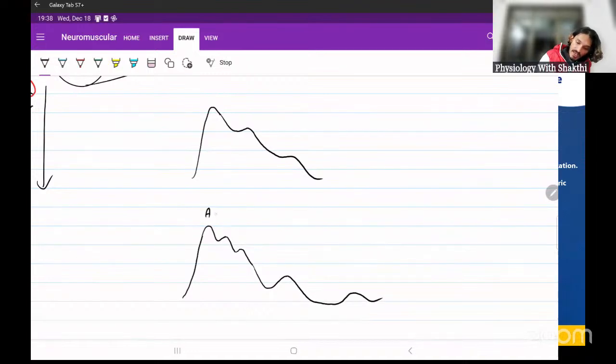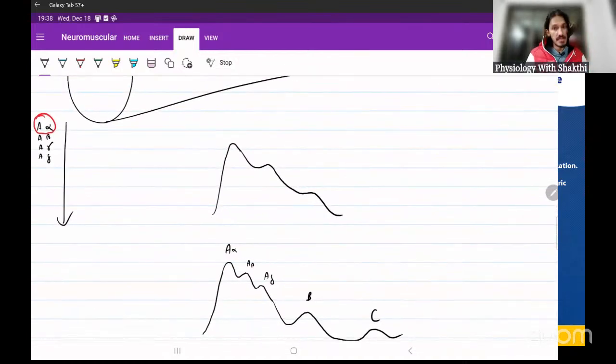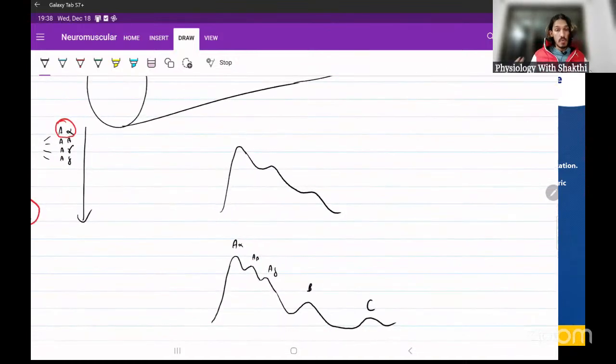So we see A alpha, A beta, A delta, B fiber, C fiber. As you increase the distance, the difference becomes more drastic because it's covering a long distance and the gap between them keeps increasing.